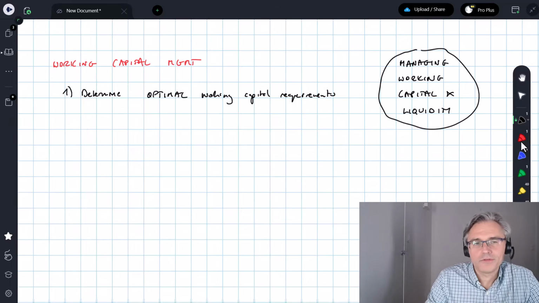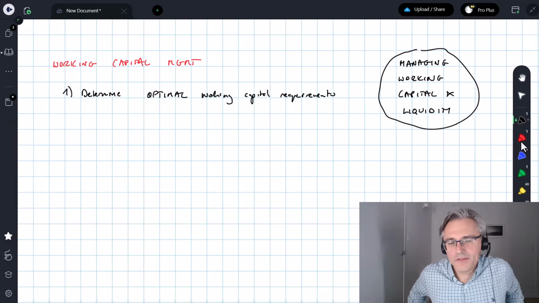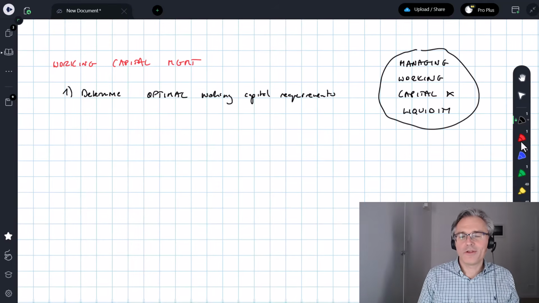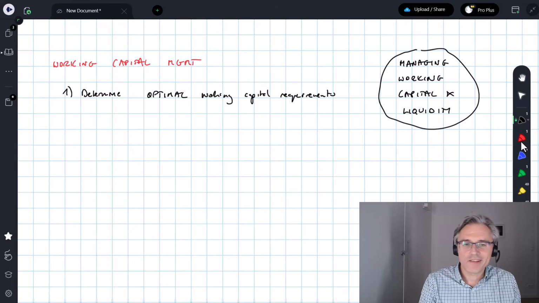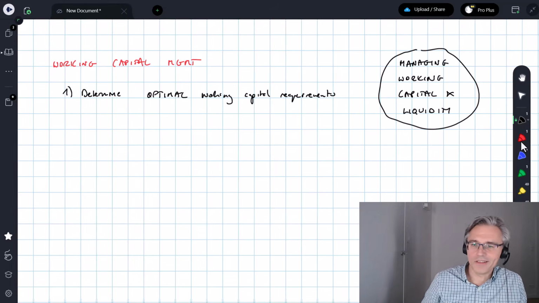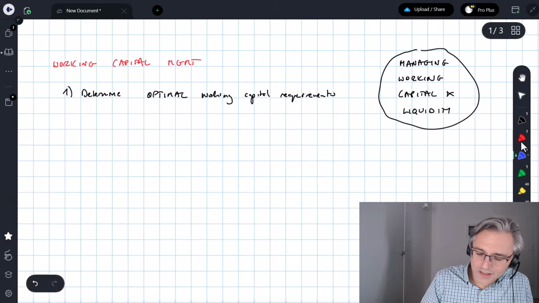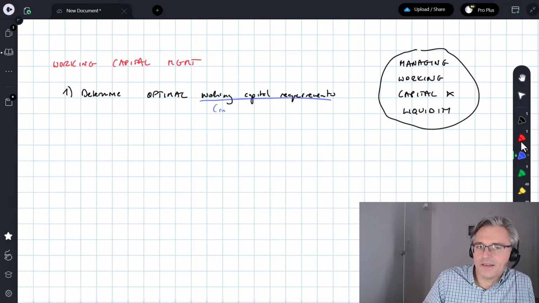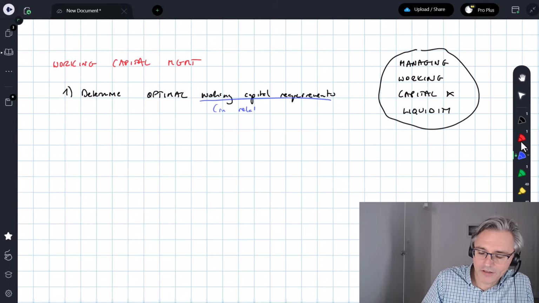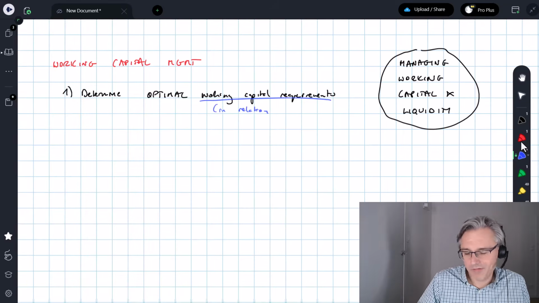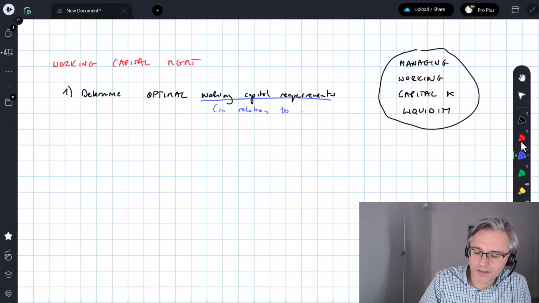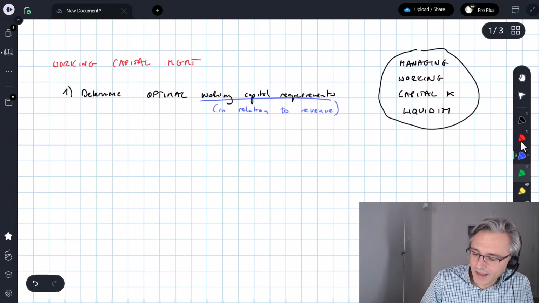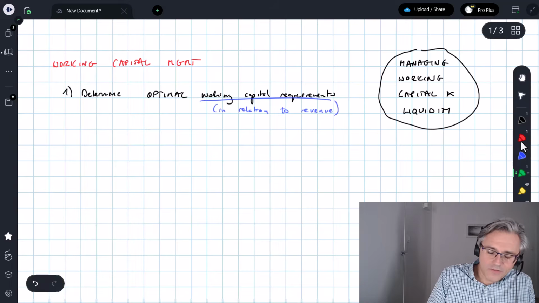In a moment we'll talk about different approaches to this, because your book outlines 3 different approaches: conservative, aggressive, and sort of moderate. How much working capital we need should typically be stated in relation to the size of the business. So in relation to how much business we're doing, probably in relation to revenue.